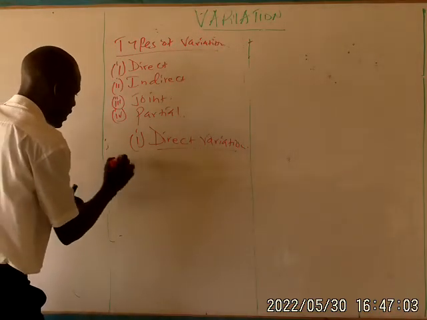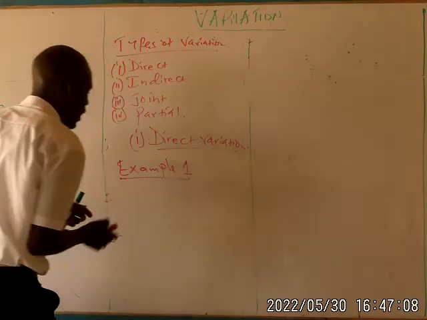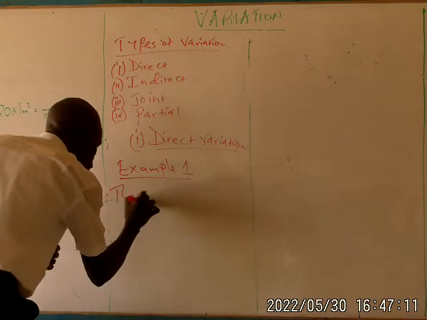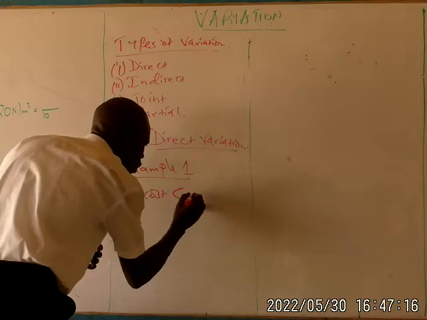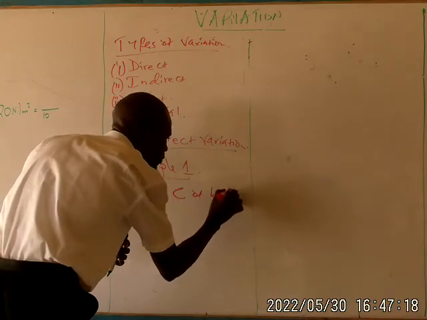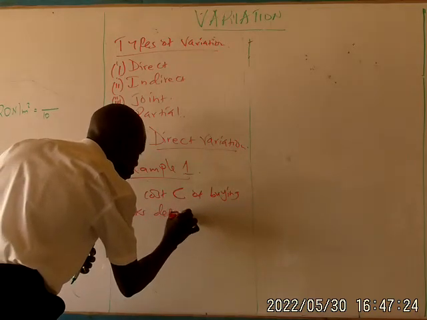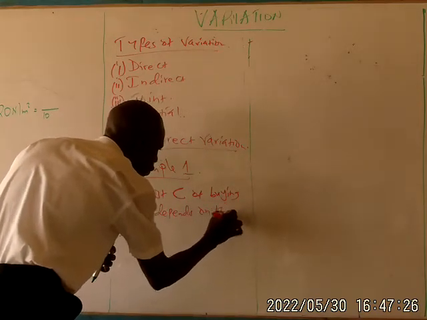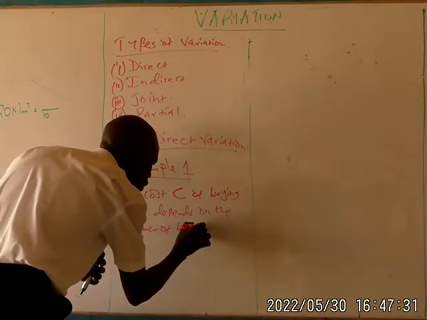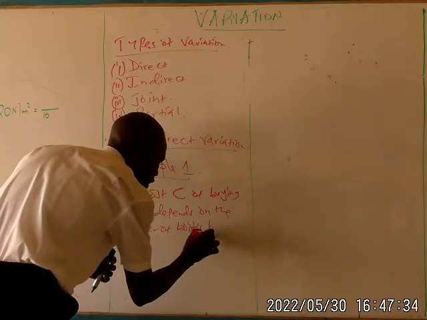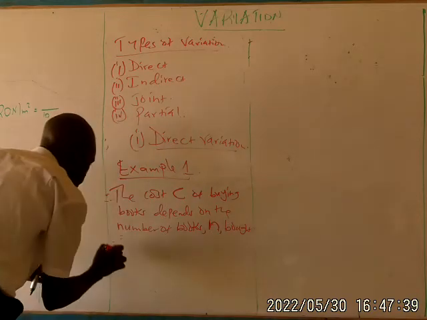Now let's look at an example so that we are able to see. Example one. The cost C of buying books depends on the number of books N bought.